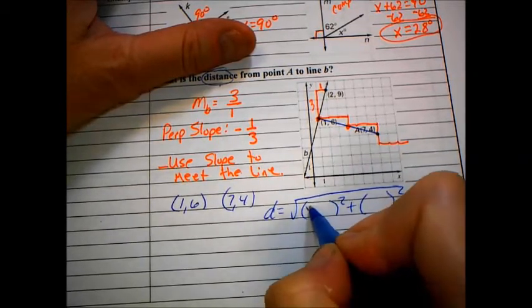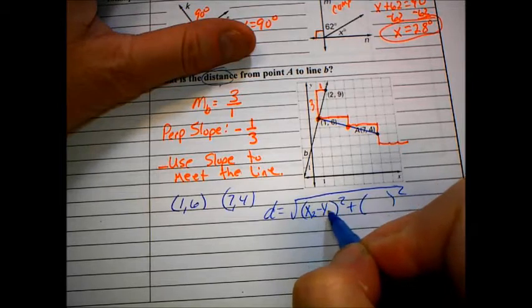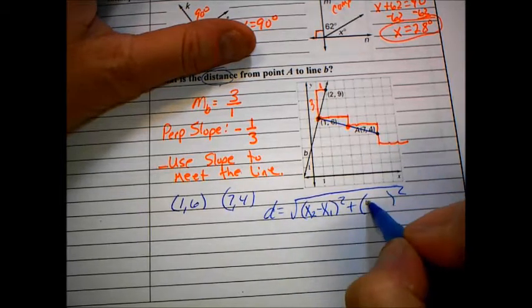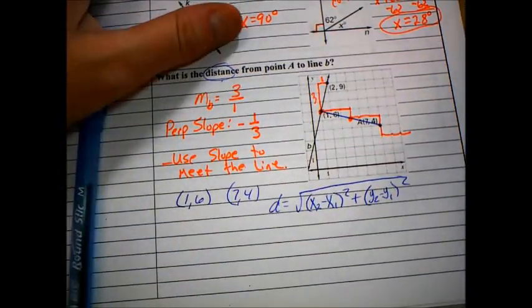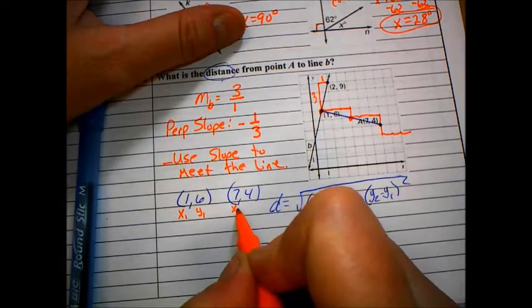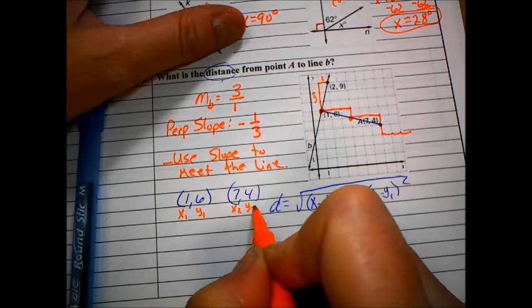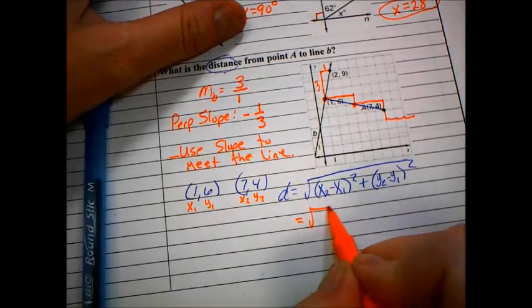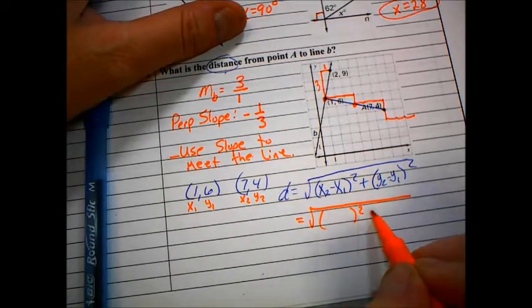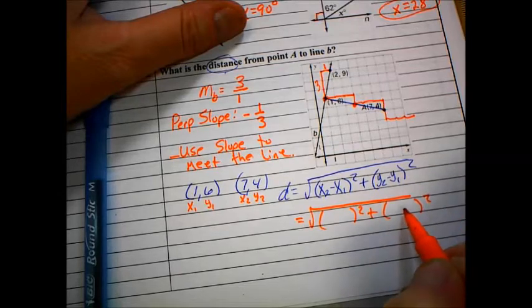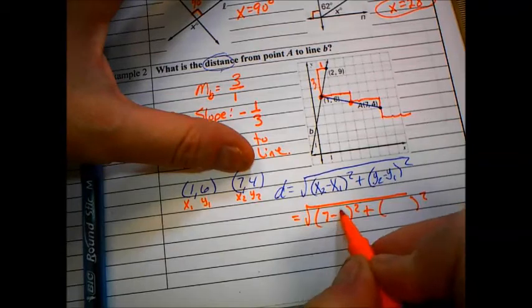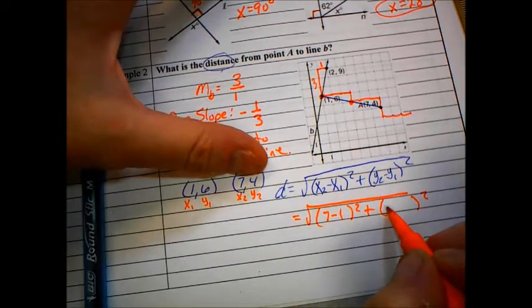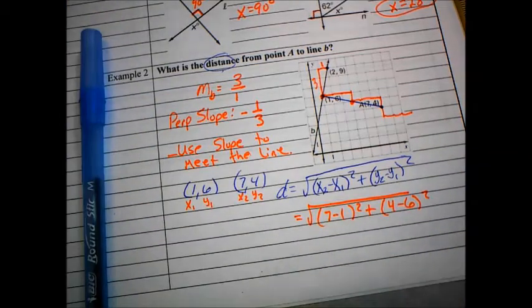And I have my x2 minus x1 and y2 minus y1 of my points. So if I label my coordinates and plug it in, that will be 7 minus 1 and 4 minus 6.